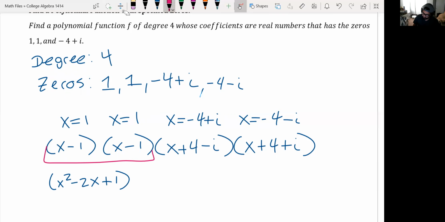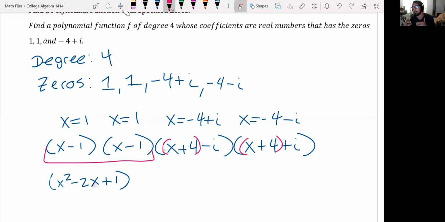Now for these two, we're going to FOIL these, but before we FOIL these, we need to put them in foiling format. So what we're going to do is take this x plus 4 and put parentheses around it to make it its own term. Same thing over here. This x plus 4, put parentheses around it to make it its own term.